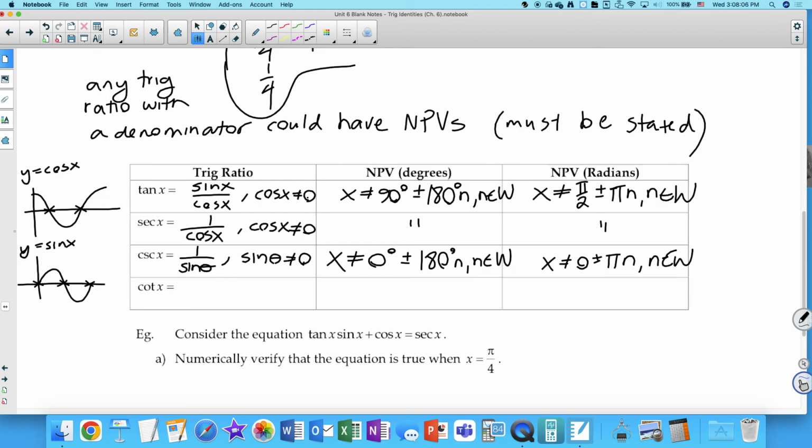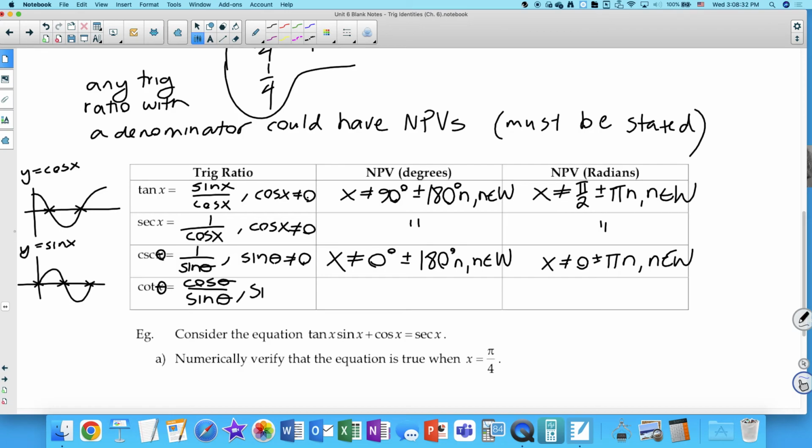Okay. Cotangent is also cosine over sine. Oh, you know what? I apologize. I'm not going to erase this because my eraser is not working today, but I keep going back and forth between theta and x, and I really should be consistent. So I'm just going to make this theta.